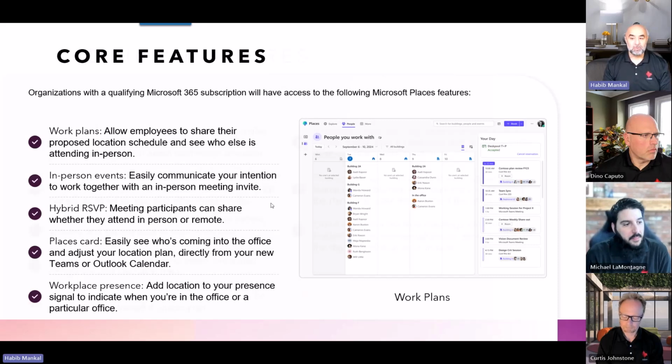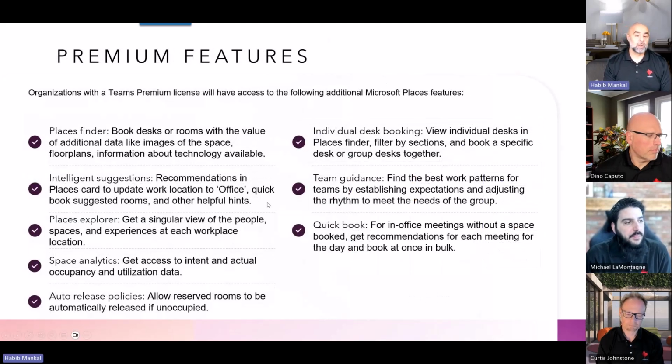Now, when you enable the premium side of things, this is where you get being able to book a desk or a room, intelligent suggestions. So this is where the AI capability comes in that says, hey, maybe you should be coming in to work on this particular day because Michael and Dino and Curtis are going to be there.